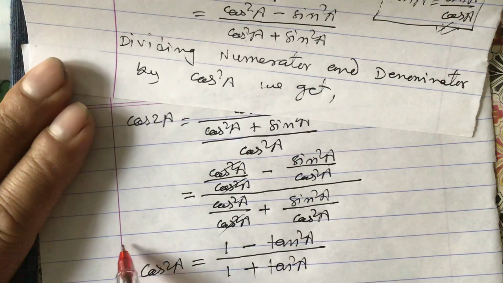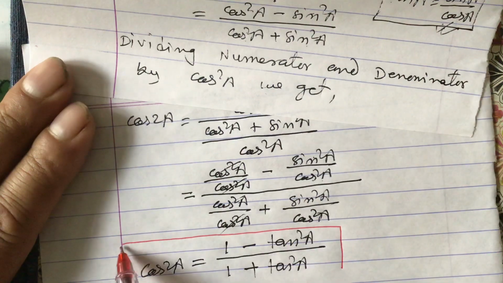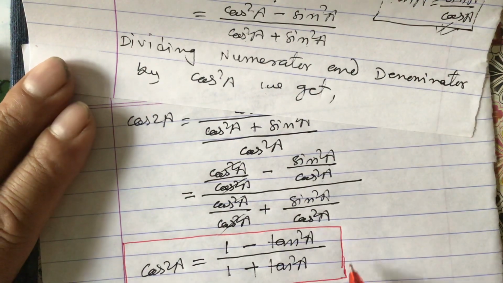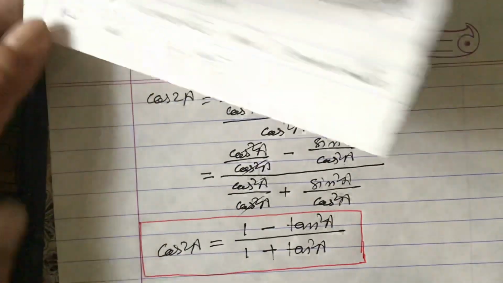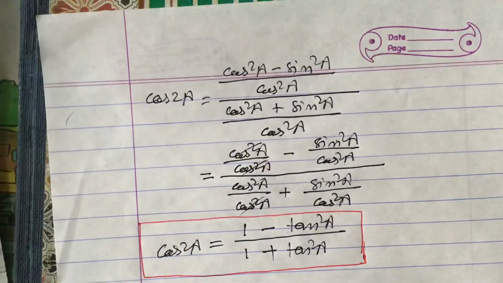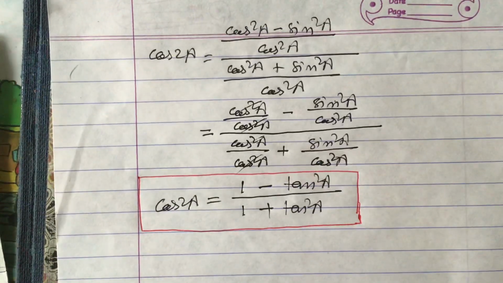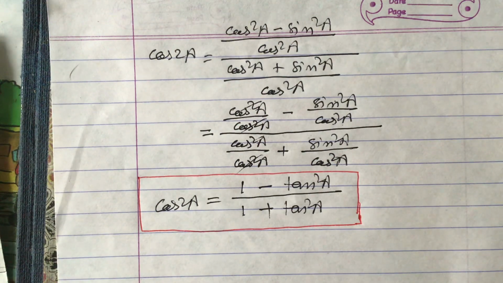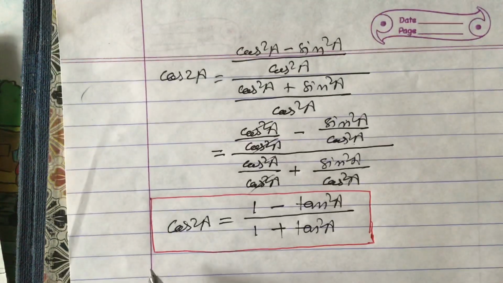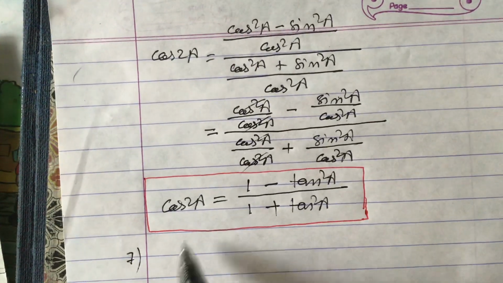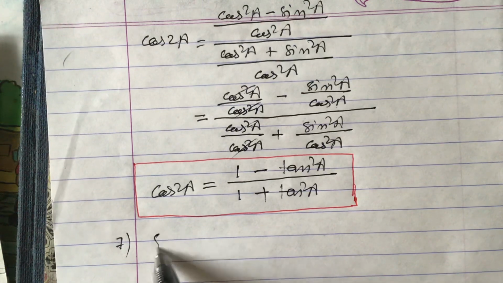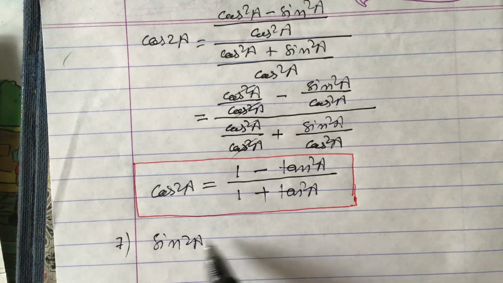So if you have to convert cos 2a in terms of tan while solving the problem, then we will use this formula. Similarly, now we can express in terms of cot also. One I will show you, then the other you can do yourself. Let us do number 7 one more: sine 2a in terms of cot.